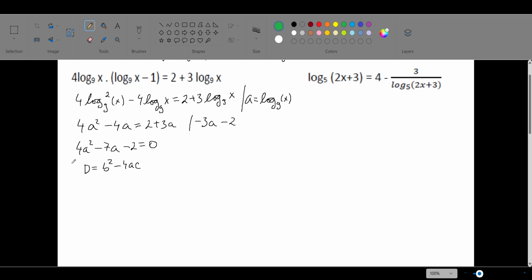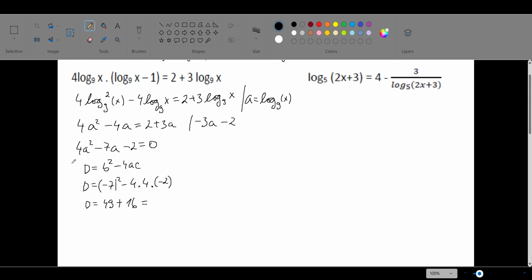So our discriminant in this case is equal to negative 7 squared take away 4 times a, which is 4, times c, which is negative 2, which means our discriminant is equal to 49 plus 8 times 2, which is 16.